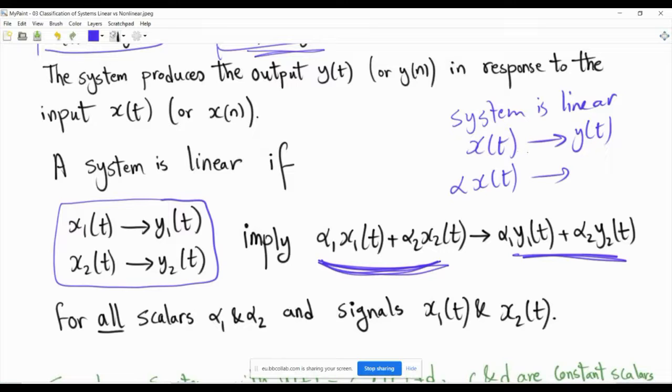If the system is really linear and you scale the input by an amplitude factor, that is just a constant that does not depend on time, then it should respond with alpha y of t. This is an implication of linearity. But linearity is a stronger thing. This is the full definition of linear. A system must obey this definition to qualify as a linear system.